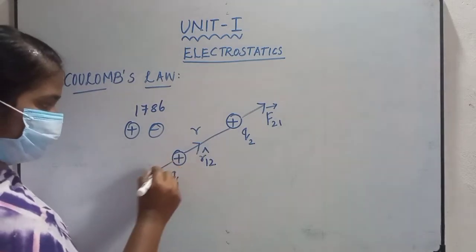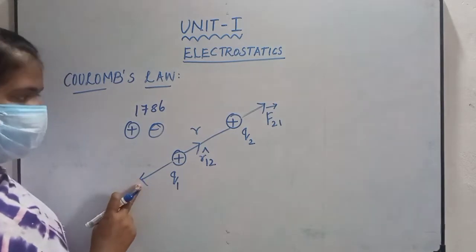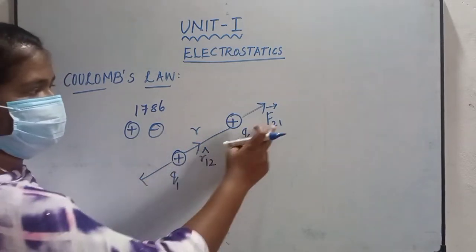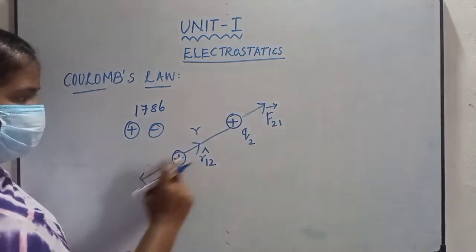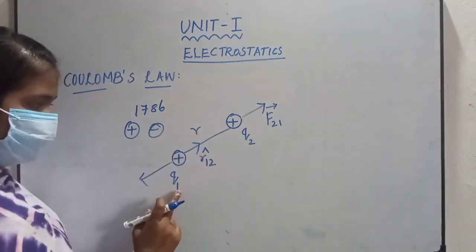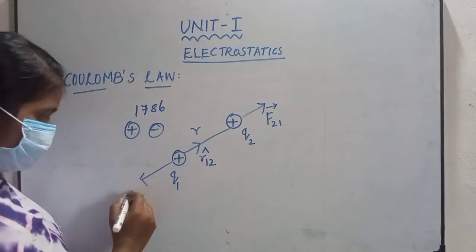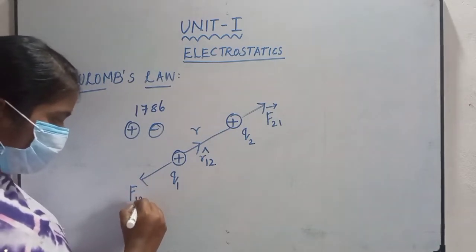The force that Q2 exerts on Q1 is in the opposite direction of F21. That is F12.